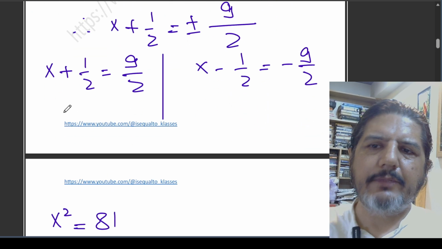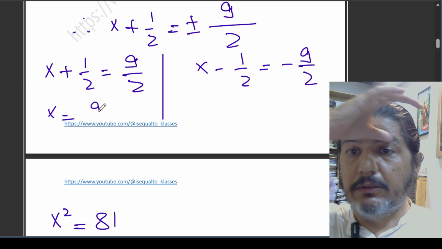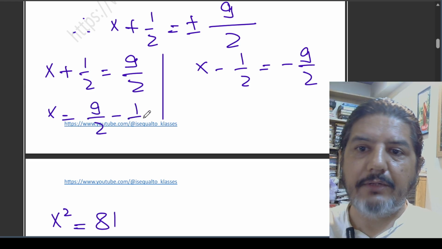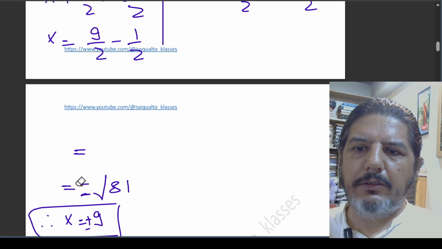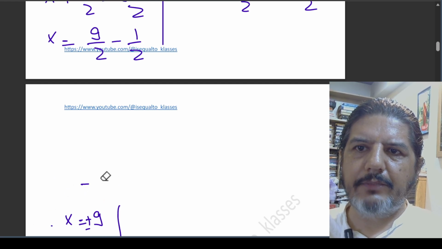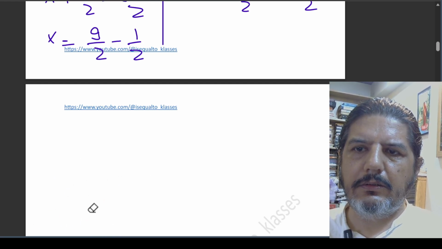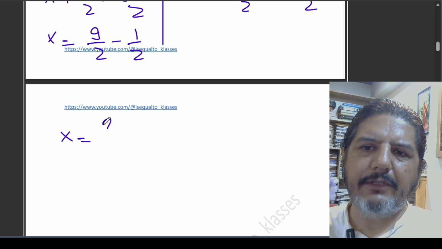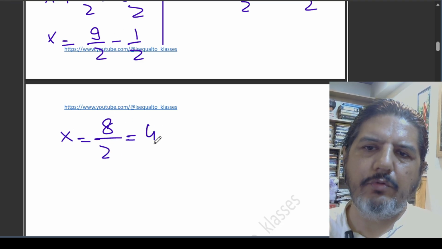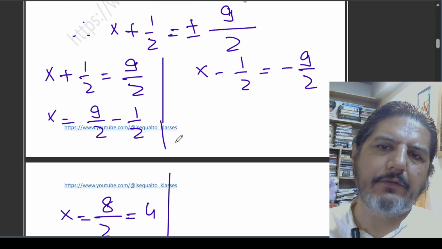So in first case, my x would be equal to 9 upon 2 minus half. So x would be equal to 9 minus 1 is 8, 8 upon 2 is equal to 4. This is my first answer. X is equal to 4.